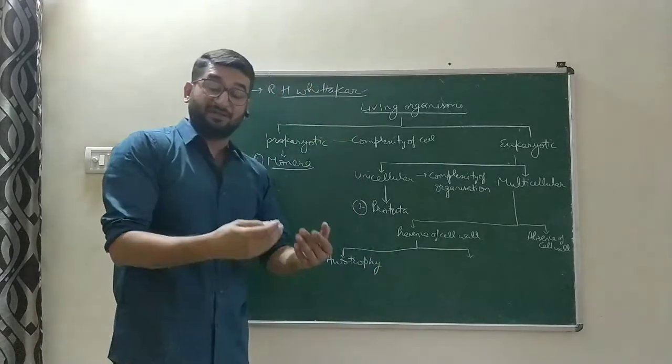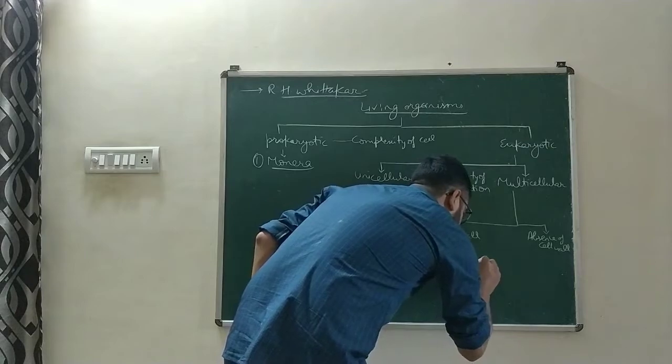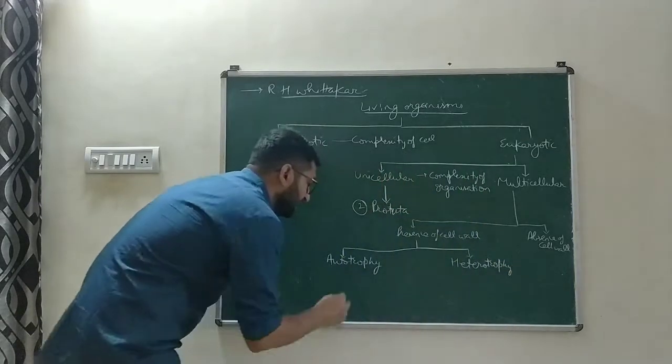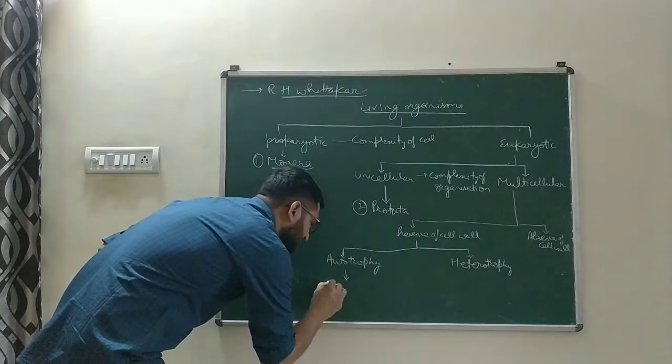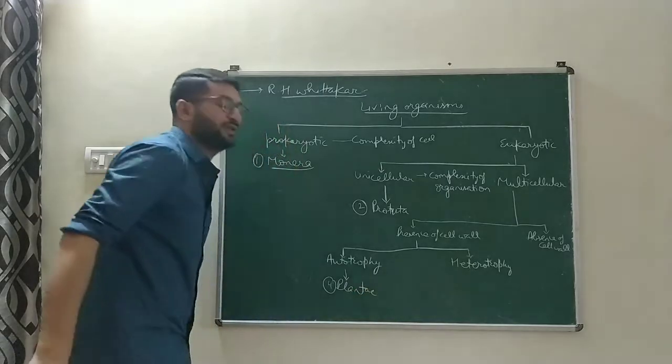And that is whether the organisms are autotrophic or heterotrophic. In autotrophic, he placed plants, and made the fourth kingdom Plantae.